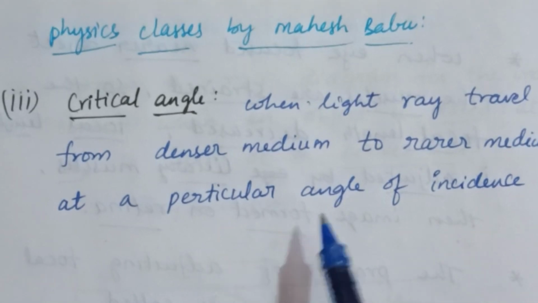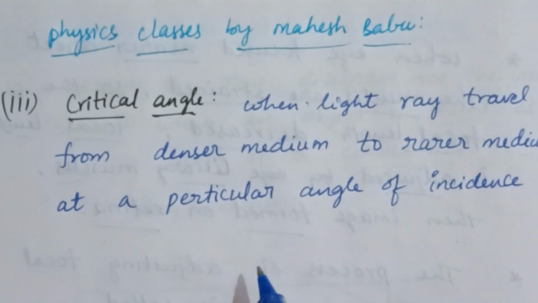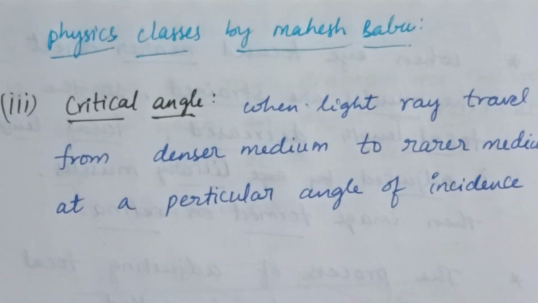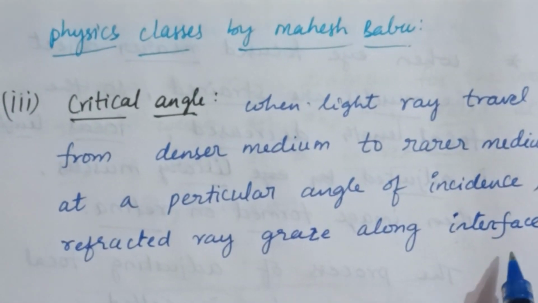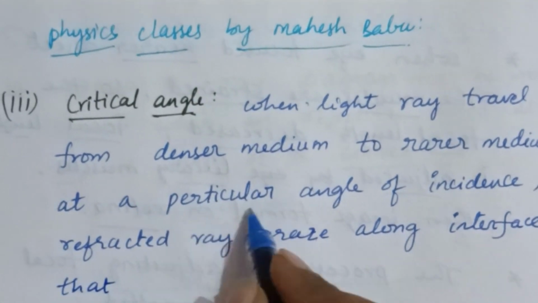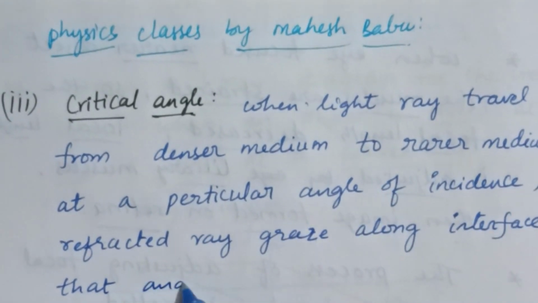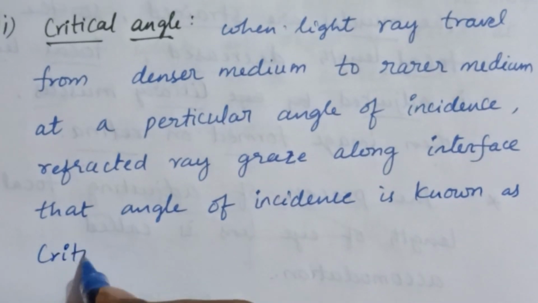As we increase the angle of incidence, at a particular angle of incidence the refracted ray grazes along the interface. That angle of incidence is known as the critical angle.